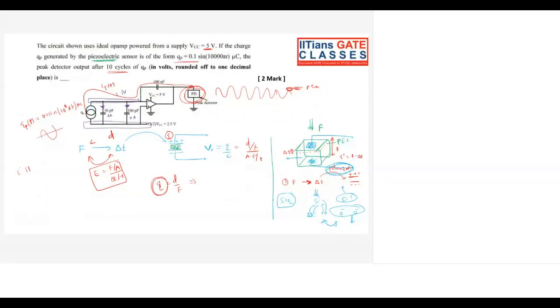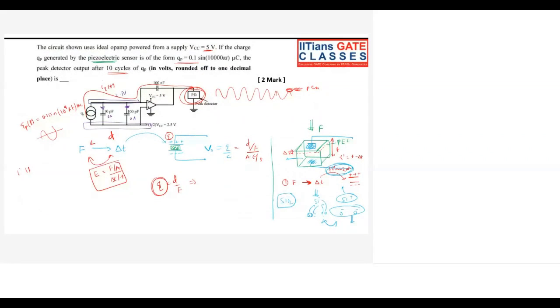So iq of t is nothing but dq upon dt. From here we can find the current, and if this current passes through the capacitance, then we are going to get your final output voltage, that is vp of t. So from there we can find the peak value, right?